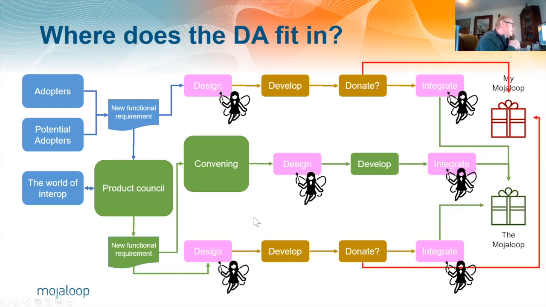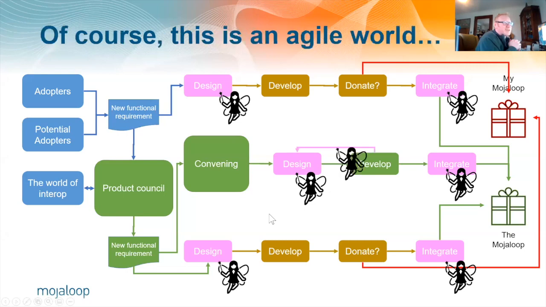Many of you will have noticed, I think, at this point that this looks like quite a waterfall model. And I think on our next slide, you'll see that we do realize that the world is largely agile these days, and we don't need to think about the process of designing and building and integrating new features to Mojaloop as being waterfall.